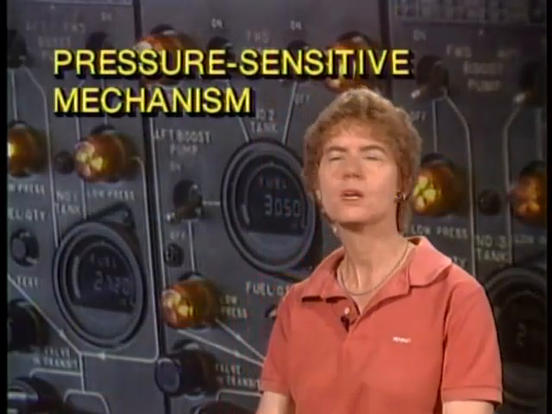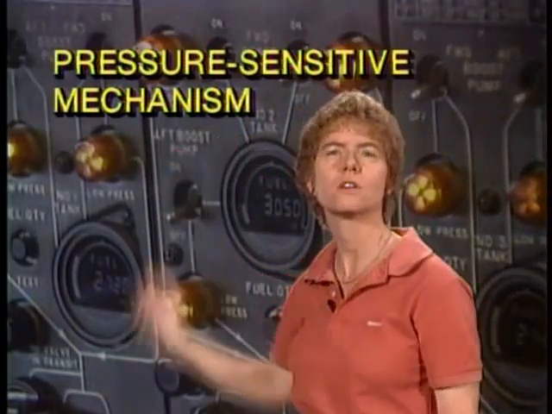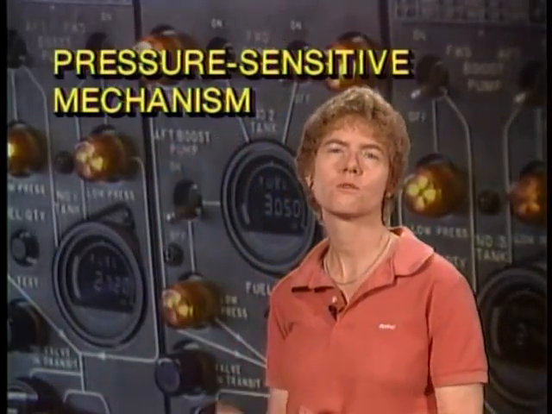What it uses is a pressure-sensitive mechanism that actuates the fuel pressure warning system. And that pressure-sensitive mechanism can be adjusted to change where the fuel pressure warning lights come on. You can change the fuel pressure warning limits by adjusting the pressure-sensitive mechanism. The transmitter in the fuel pressure warning system basically takes fluid pressure in the lines, however much fuel pressure there is in the line, and converts that to an electrical signal.